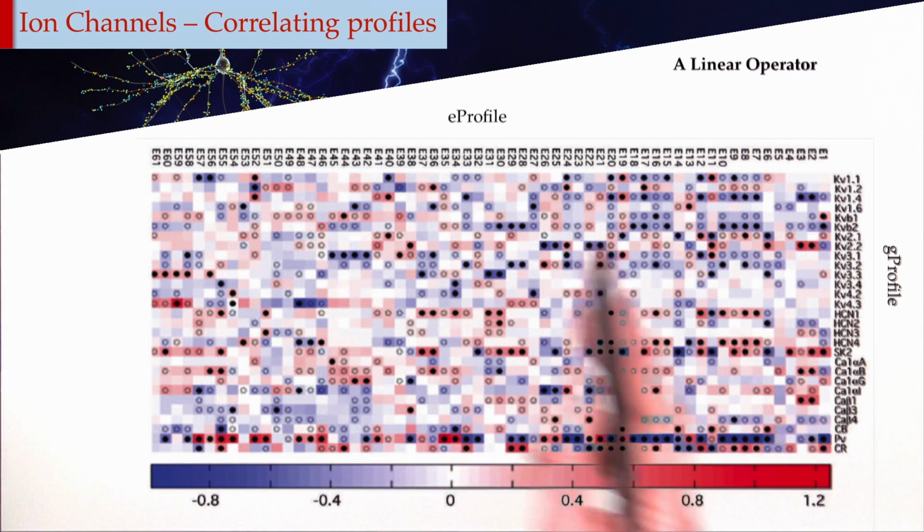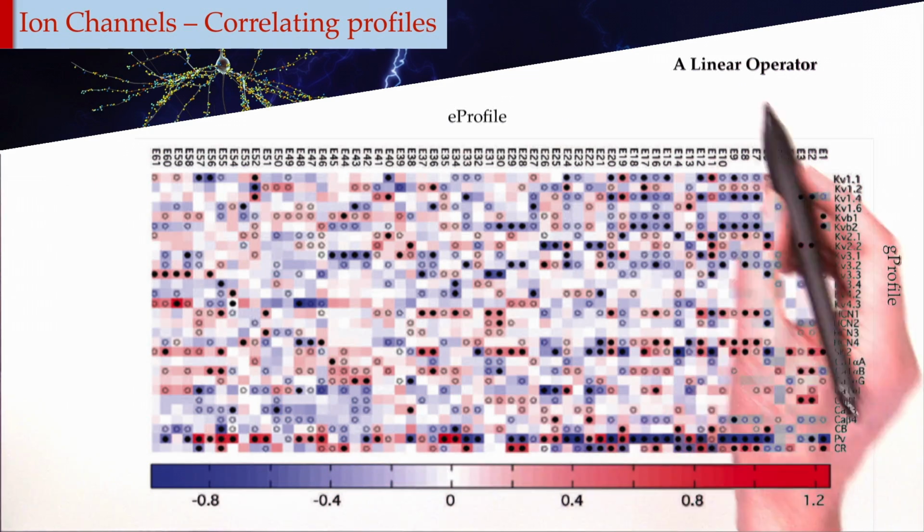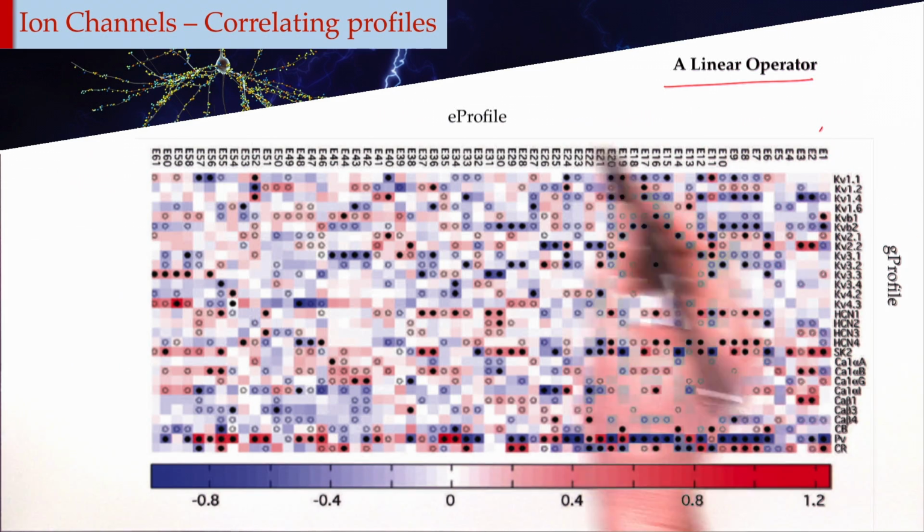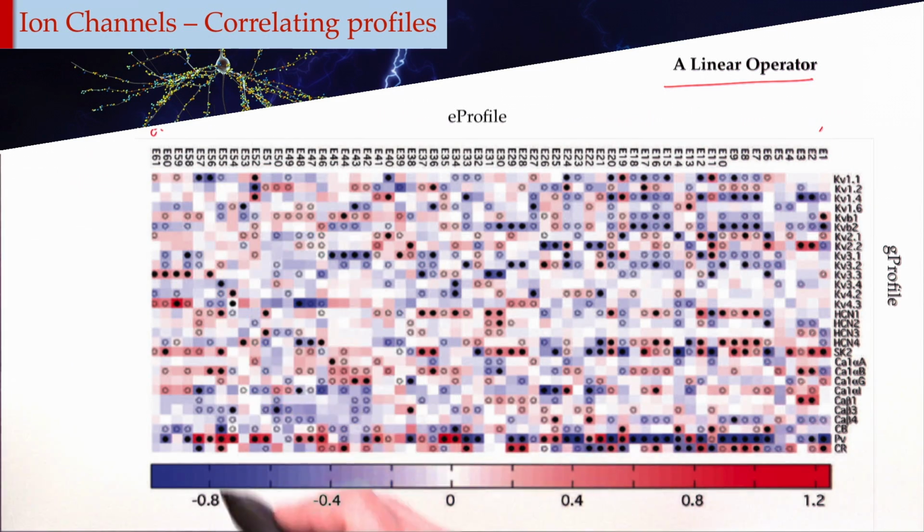So what you can do is you can take this, and this is a very simple linear operator where you take your electrical properties going from E1 to E60, 61, and your genetic or ion channels, Kv1.1, all the way down to even calcium binding proteins and other kinds of proteins that are in the cell.